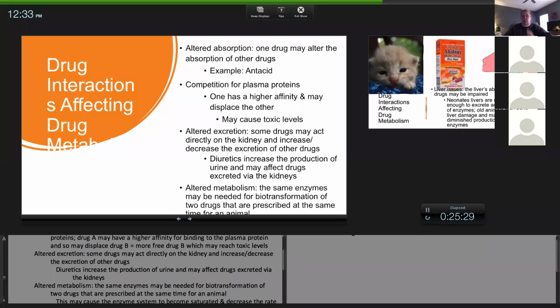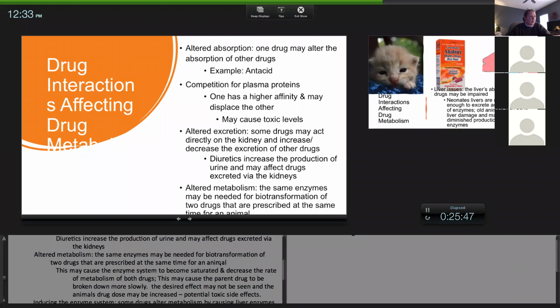And maybe there's drugs we don't want readily excreted. So an animal on a diuretic, you have to look at the other drugs that patient is getting. Is that diuretic affecting the other drugs and causing an increase?